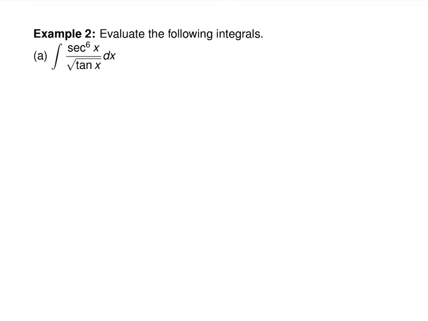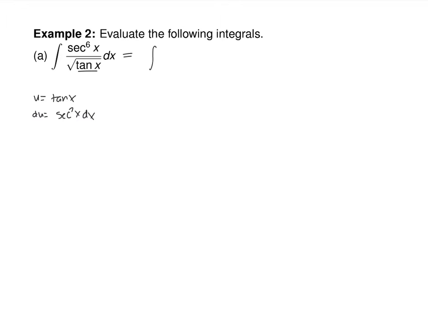If you have to substitute for something other than sine or cosine, you may have to save a different amount of something depending on what the derivative of your substitution is. So in this case, it seems like we're going to have to substitute for that tangent of x in the denominator. And its derivative is secant squared x.